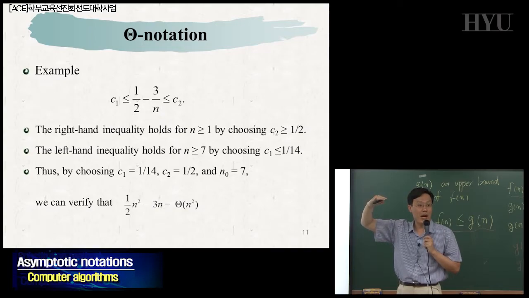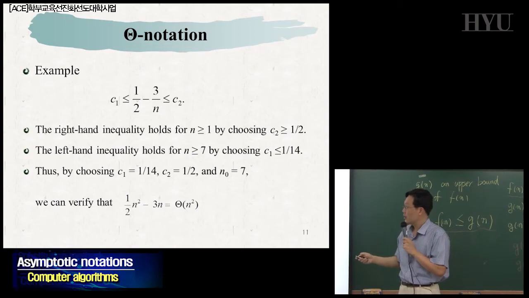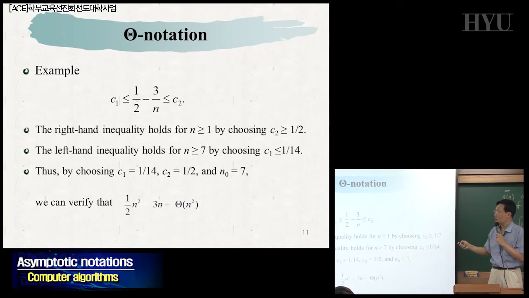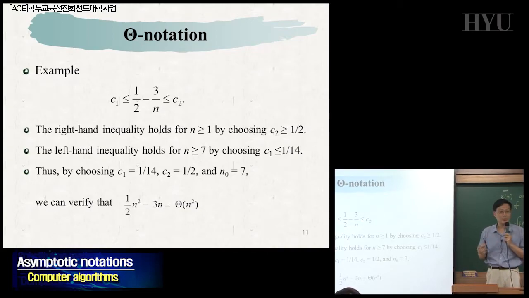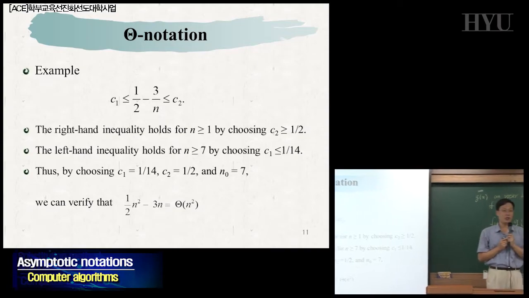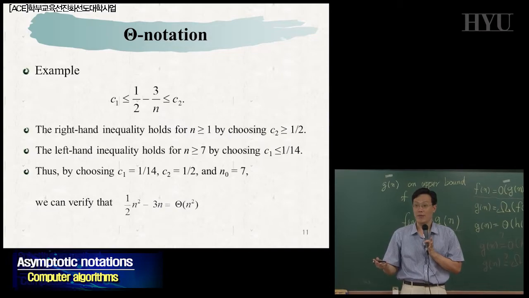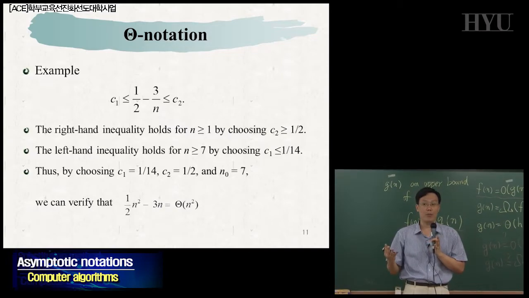Because n is positive and there is a negative sign here, this cannot be bigger than a half. So if we set C2 as a half, it's enough. A half or more, it's enough.